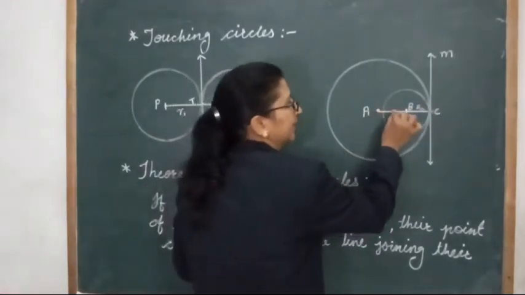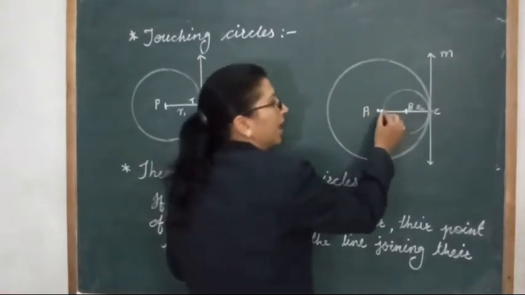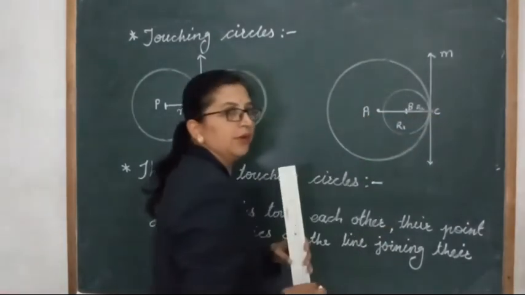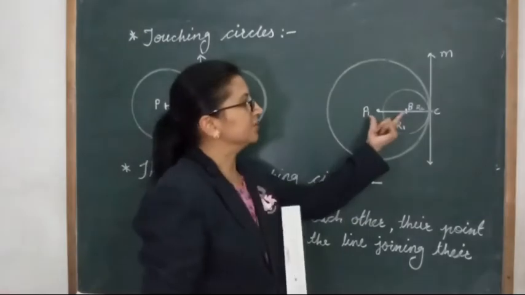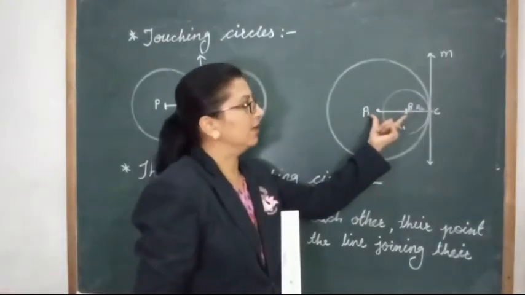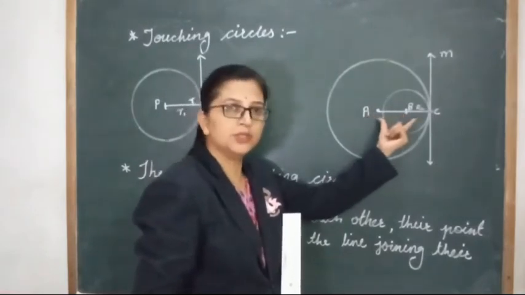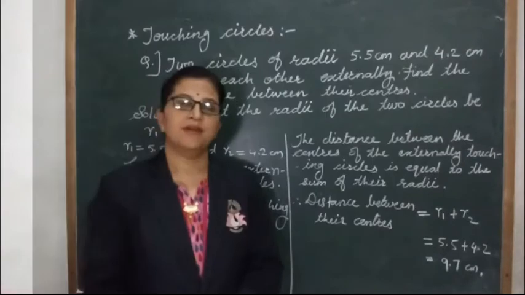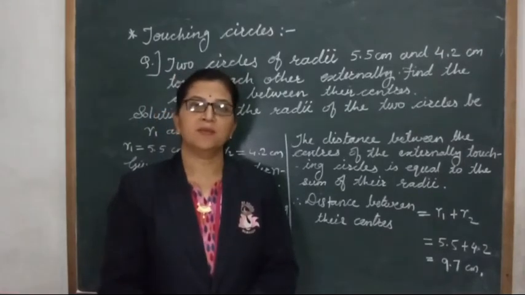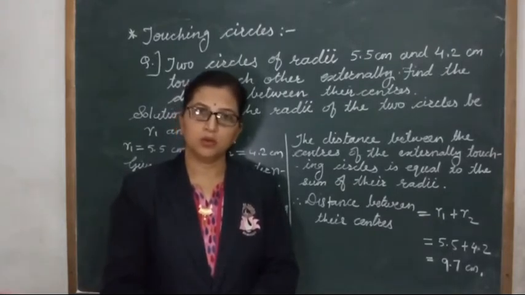So the distance between the centers of these two circles is nothing but R1 minus R2. It means to get the distance between the centers of internally touching circles, we have to subtract the radii of both circles. Friends, we have seen in the theorem of touching circles that the centers of the touching circles and the point of contact are collinear.